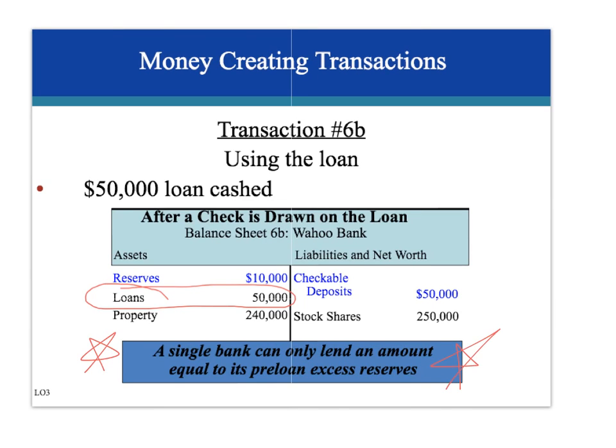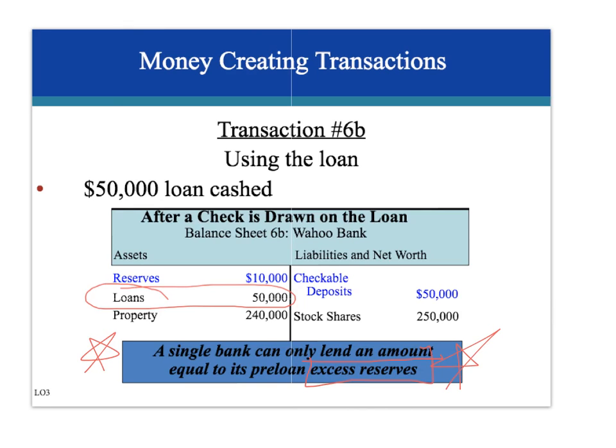Make sure you remember that a bank can only lend an amount equal to its pre-loan excess reserves. Loans come from excess reserves. So the bank happened to have $50,000 in excess reserves, and they loaned that money to the company. Until they get more checkable deposits, they can't make any further loans.